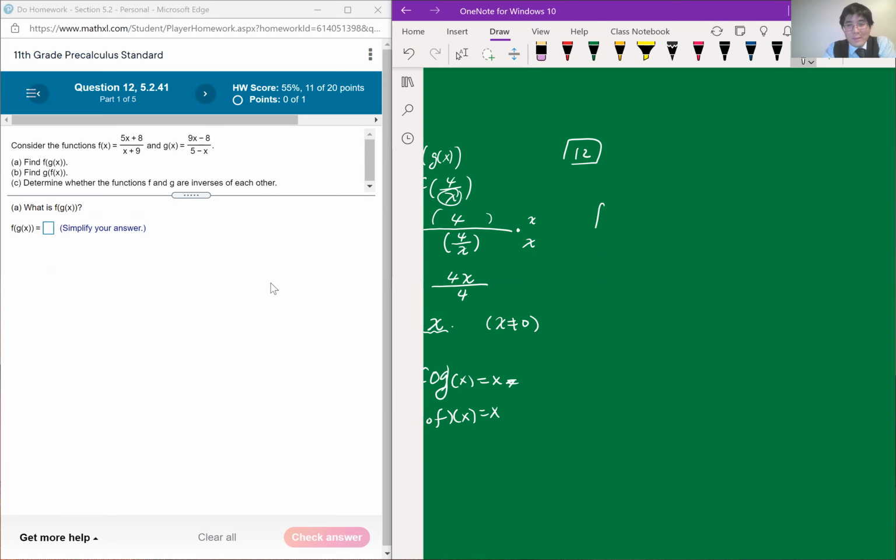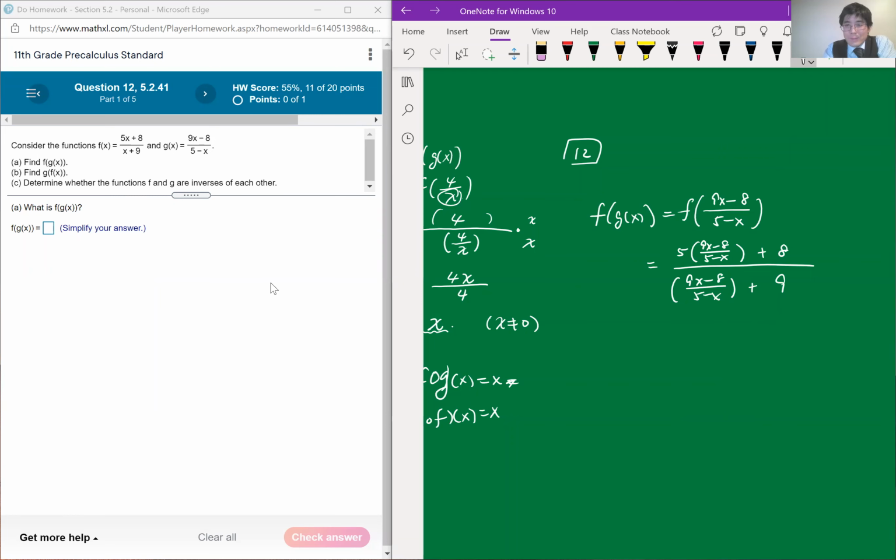So f of g of x is equal to f of 9x minus 8 over 5 minus x. Plug in this one into the function f. It's going to be 5 times input plus 8, over the input plus 9.